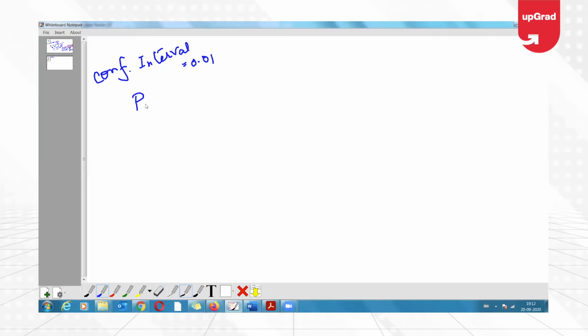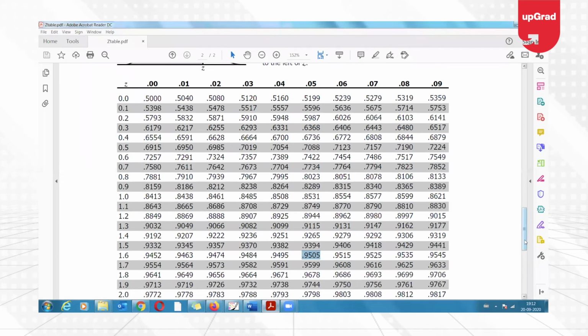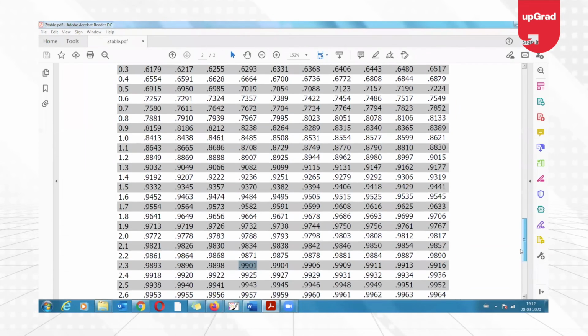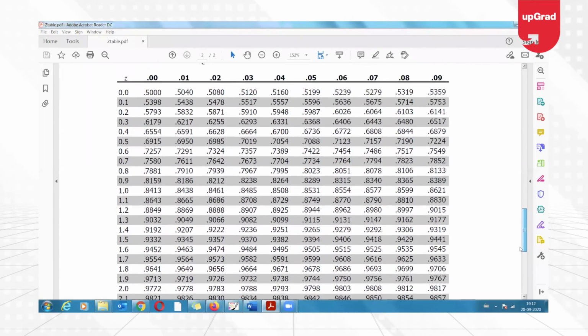So in this case, the p-value has to be less than 0.01. Let's look at the positive side, which means I have to find where it is just greater than 99%, which is this point, 2.33.